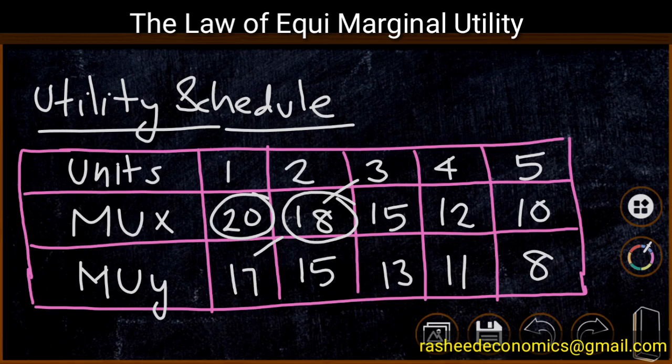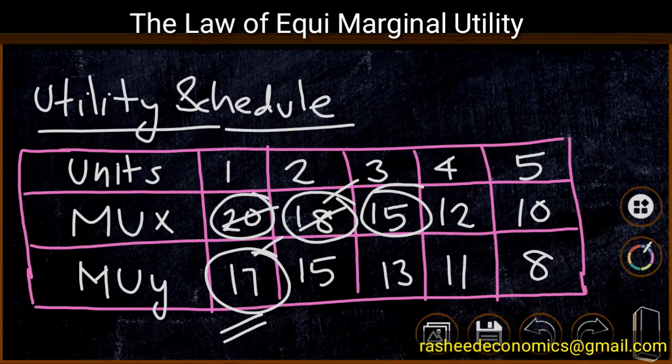Similarly, suppose the consumer is going to consume one more unit, then he will compare the amount of utility that he is going to receive from the third unit of X, because he already got these two, with the marginal utility of Y. In such a case, the third unit of X provides 15 units of utility and the first unit of Y provides 17 units of utility.